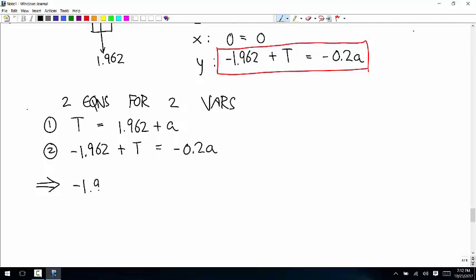Negative 1.962 plus the quantity 1.962 plus a is equal to negative 0.2a.